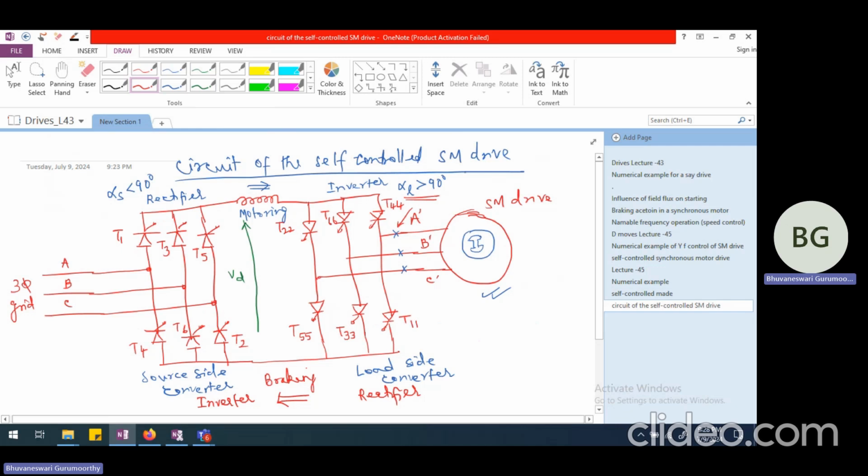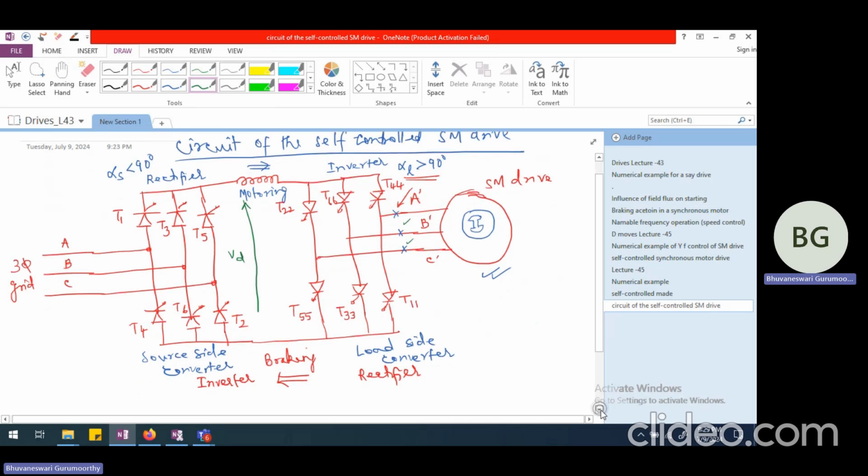And correspondingly, this firing angle is going to be greater than 90 degrees. And these voltages, what are available at the terminals of the synchronous motor, they are going to help in commutating the thyristors in this particular load side converter.